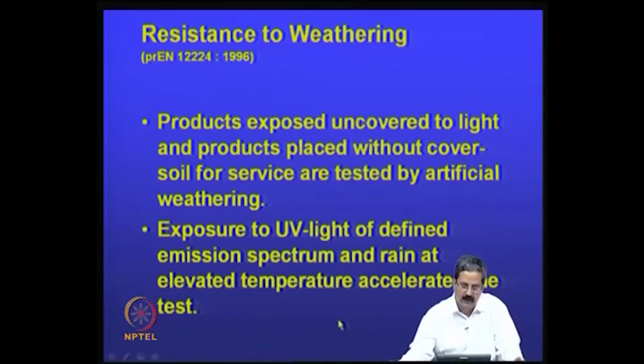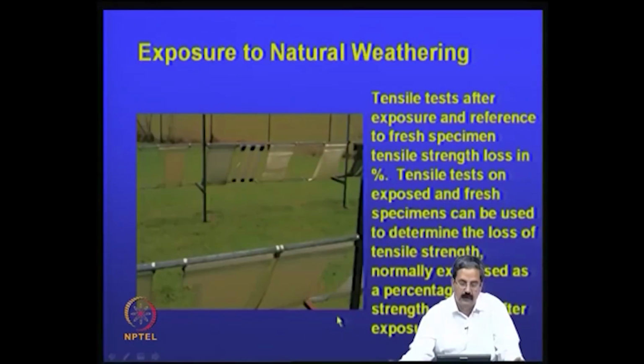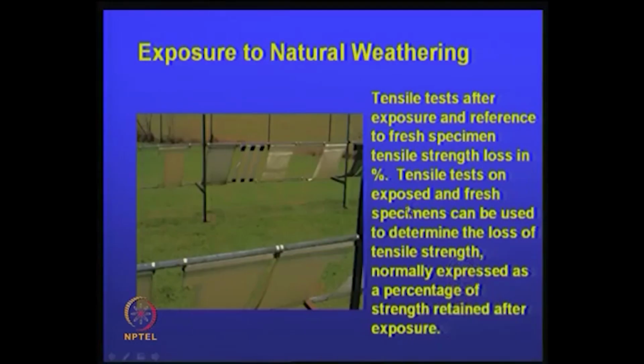Okay. So, the ultraviolet test is one thing that we do. Then there is what is called exposure to weathering. Tensile test after exposure, and with reference to the fresh specimen, the tensile strength loss is measured. You expose it to different degrees of weathering and then do tensile testing, like keeping the samples for 1 year, 6 months, 10 months. Normally, for a PhD program, definitely that person can test for 2.5 years.